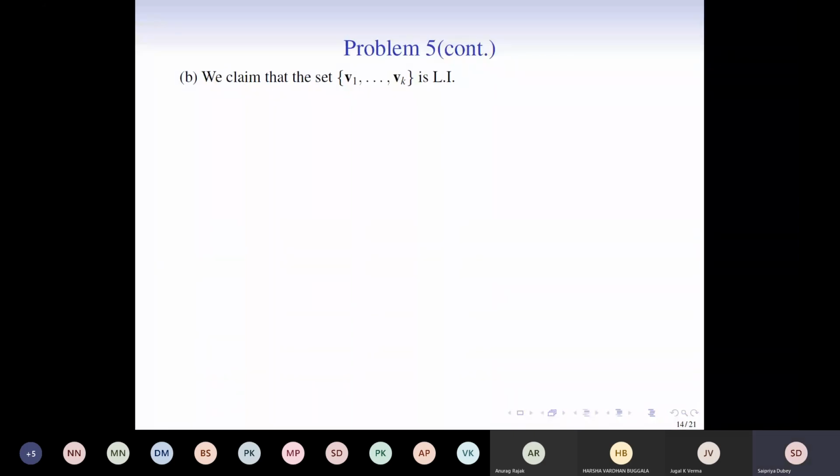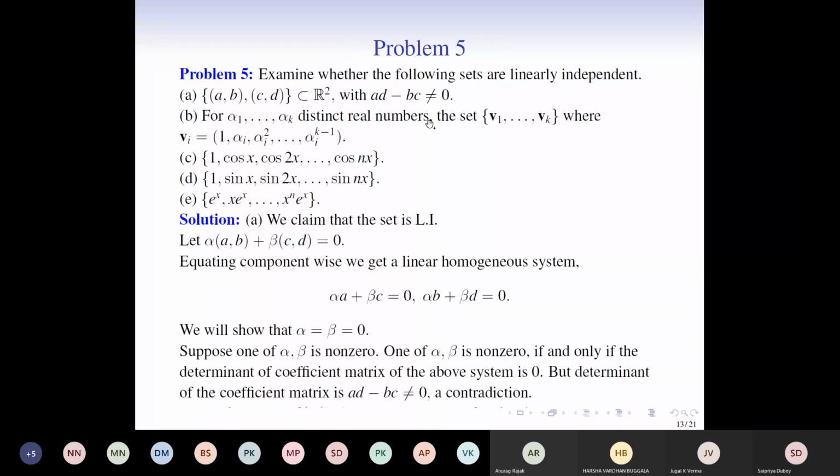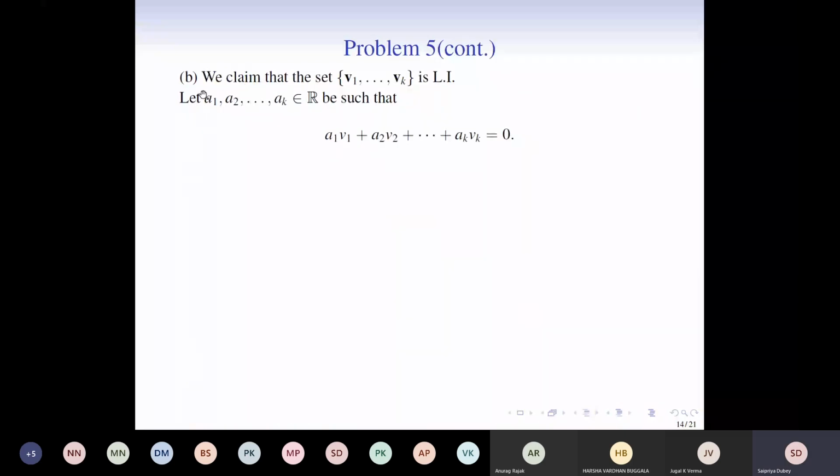Next, we claim that the set V1, V2, and so on till Vk is linearly independent. Please recall that the vector Vi is 1, alpha i, alpha i square, and so on till alpha i to the k minus 1. So again we have the scalars a1, a2, and so on till ak in R such that the linear combination is equal to 0.